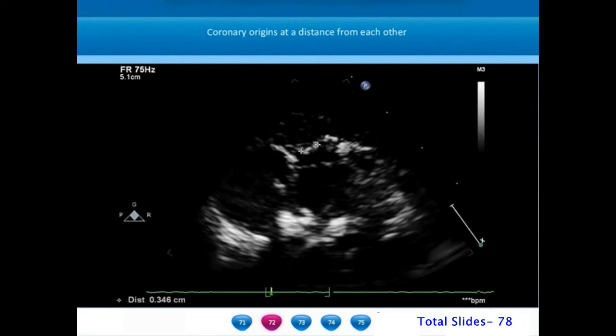Even though both arise from the anterior facing sinus, we can notice that they are located a little apart from each other. There is a distance of around 3 millimeters between the origins of the two coronary arteries.